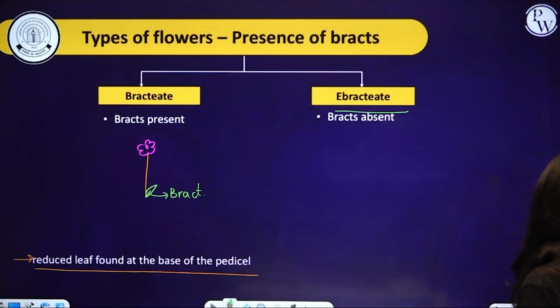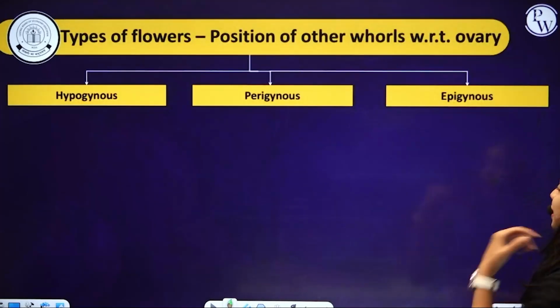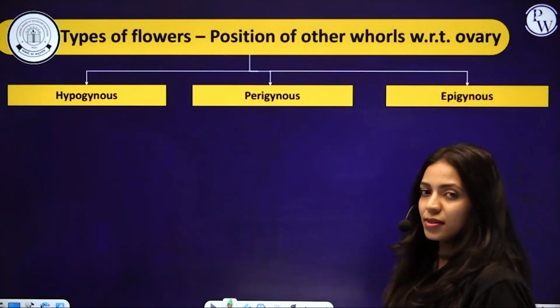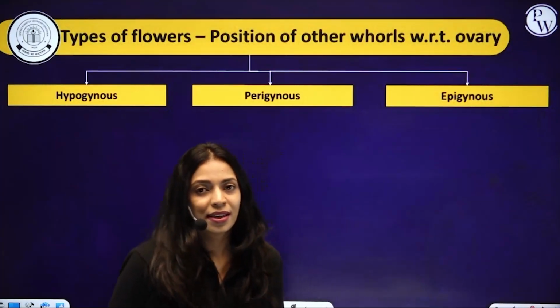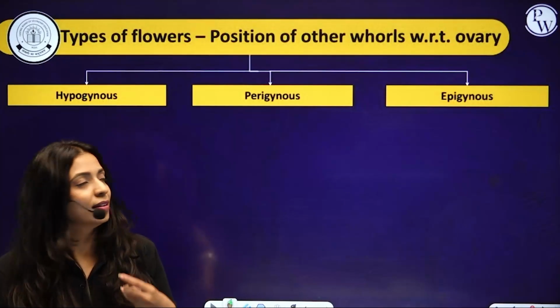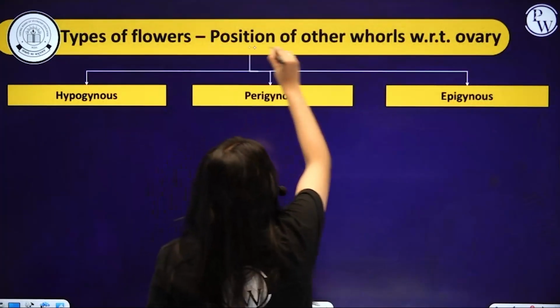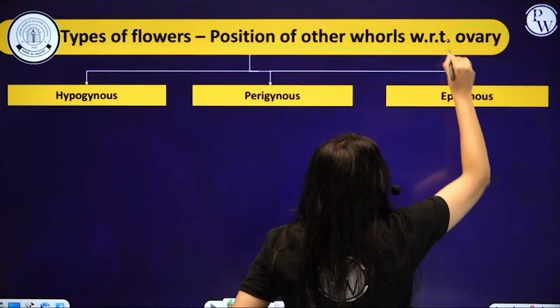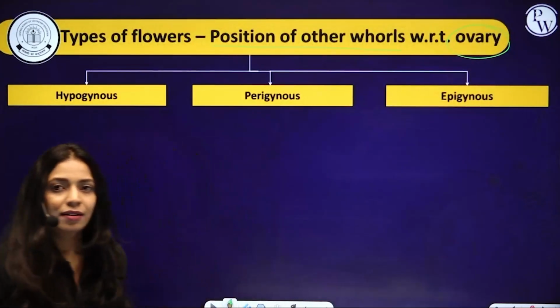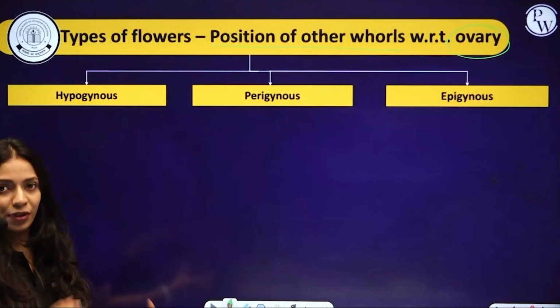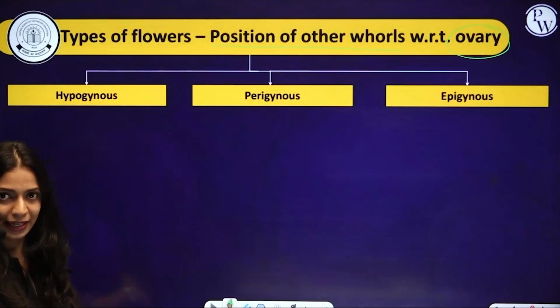All right. Now let's move on to the next type of classification of flowers. Flowers can also be classified based on the position of other whorls with respect to the ovary. Now what do we mean here? You know, in flowers, the outermost whorl is the calyx.